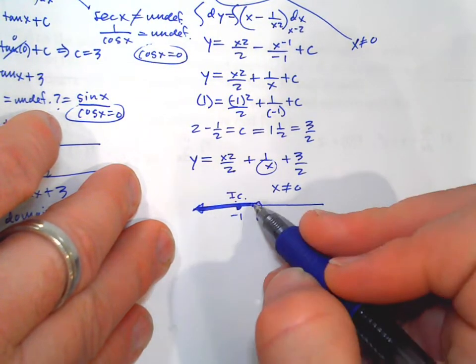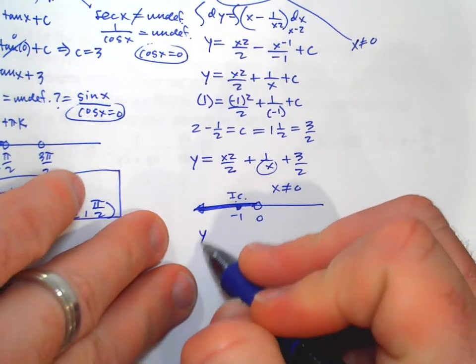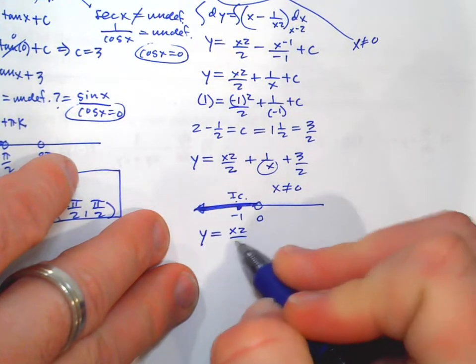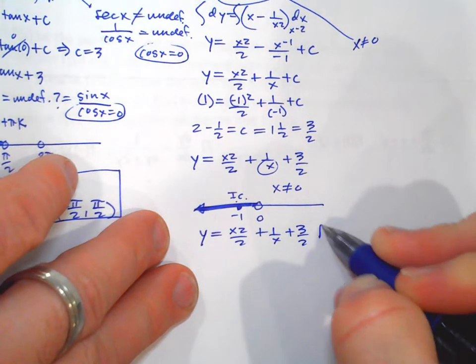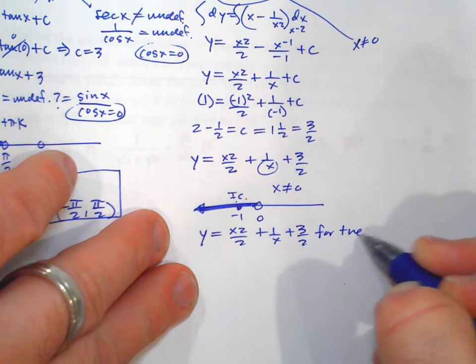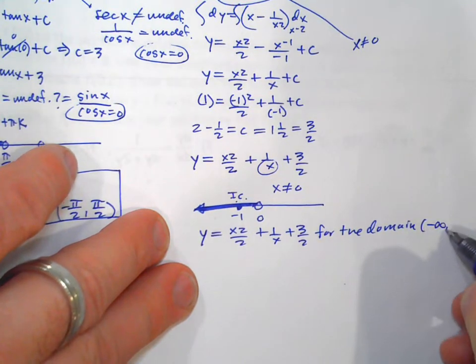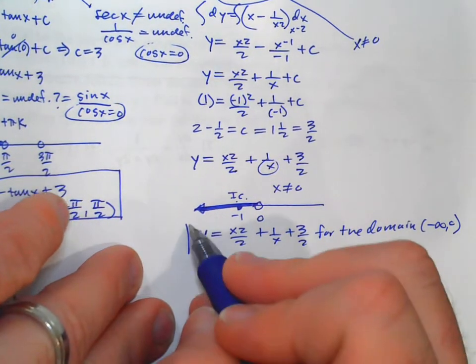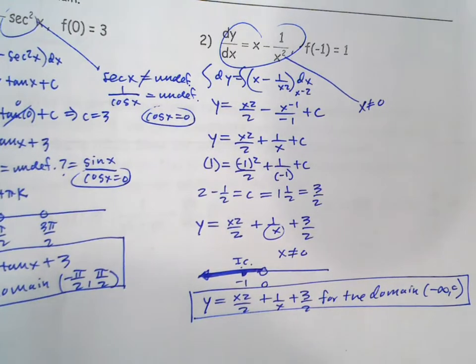I just don't break it up there. That's just identifying which one. So the answer is y equals x squared over 2 plus 1 over x plus 3 halves for the domain negative infinity to 0. That's how you do it.